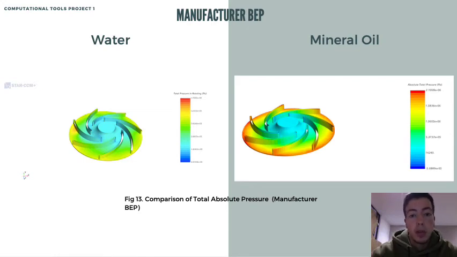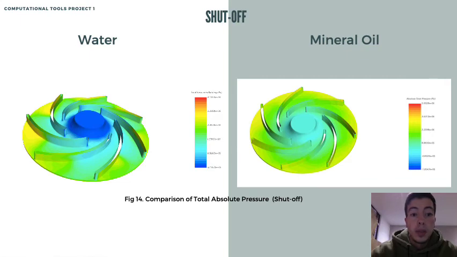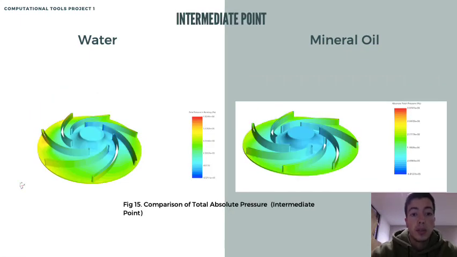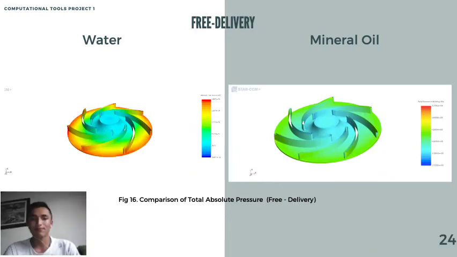The same case is present in the shutoff and in the intermediate point. This indicates that there is no implosion of the water particles since the fluid pressure remains below the vapor pressure, and for this reason there will be no condensation of the fluid or a phase change.